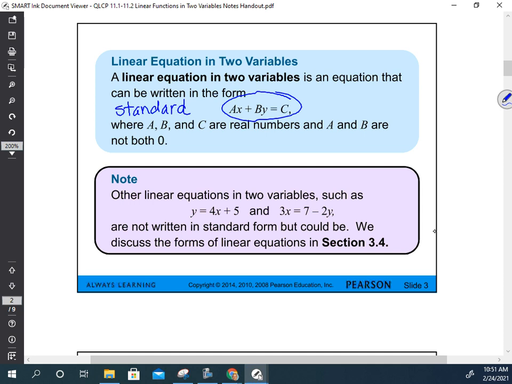So, for example, 3x plus 2y equals 6. That's standard form. The a value, the b value, and the c value, they would be numbers. So the only variables that you would see are x and y.